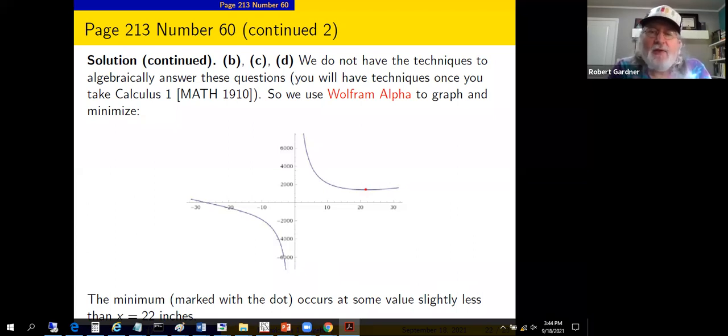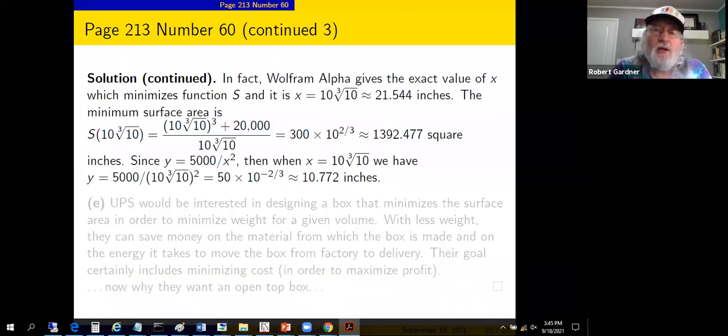Okay, that's pretty sloppy stuff. In fact, in calculus, you'll have a way to find the exact value of where that minimum occurs. Wolfram Alpha knows calculus. It's very clever software. In fact, the minimum occurs at 10 times the cube root of 10. It's about 21.5-ish inches, so it is a little bit less than 22, and the graph seems to indicate that.